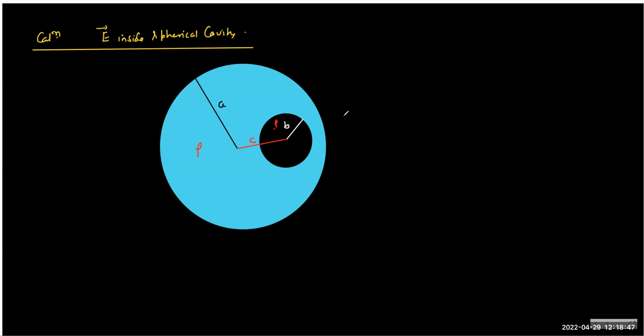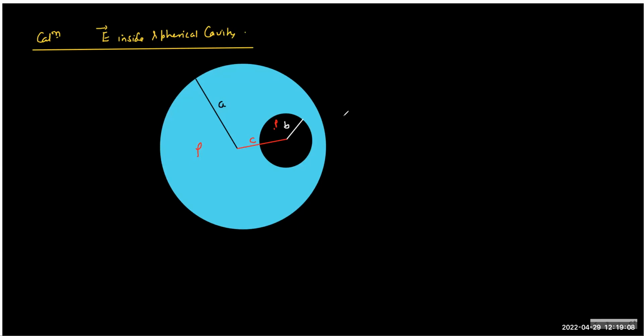So what we can do again here is use the negative charge concept, and because electric field is a vector quantity, we have to find the electric field at point P due to the full sphere, and due to the cavity sphere with a negative charge.